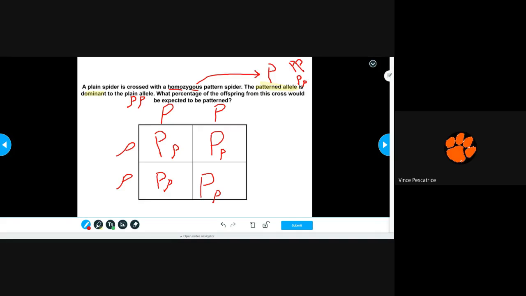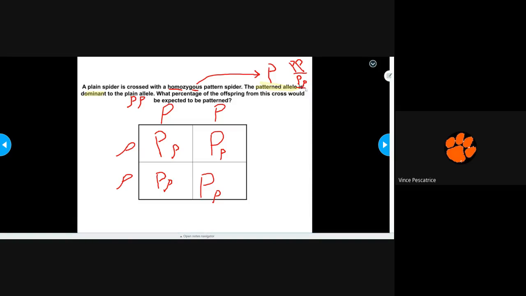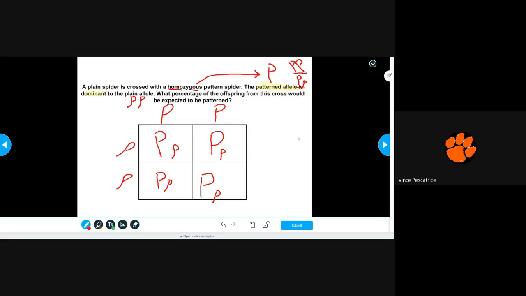So the question asks, what percentage of the offspring of this cross would be expected to be patterned? Pattern is dominant, so a patterned spider will be either homozygous dominant or heterozygous, P like that.